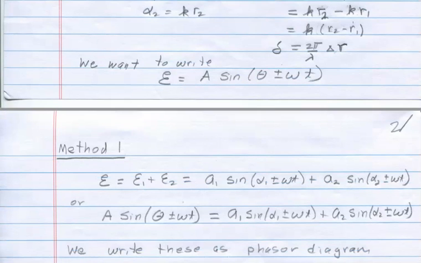So I want this equation up here to be true, that by the time I add these two waves together, I get something that looks like this. I'm assuming I know the frequencies, I know whether they're going to the right or to the left. So really it's a matter of determining A and determining this angle theta for the combined superposition of E1 and E2.